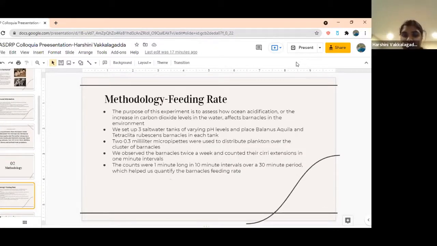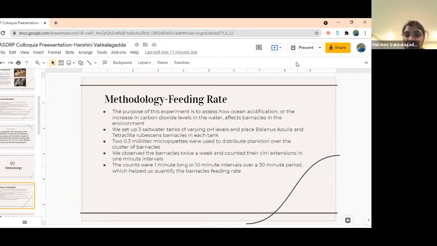To obtain an accurate analysis of the barnacles' feeding rates, we first set up 3 saltwater tanks of varying pH levels and placed Balanus aquila and Tetraclita rubescens barnacles in each tank.